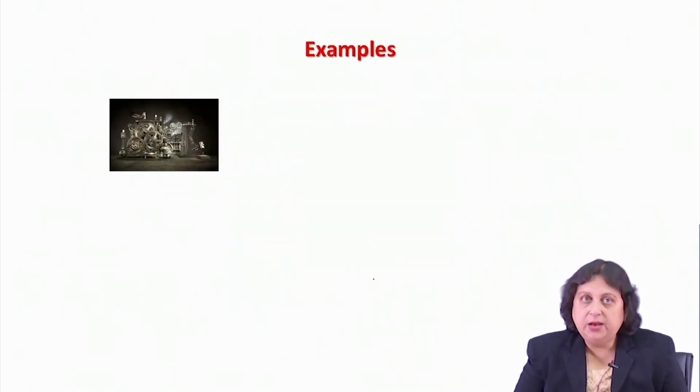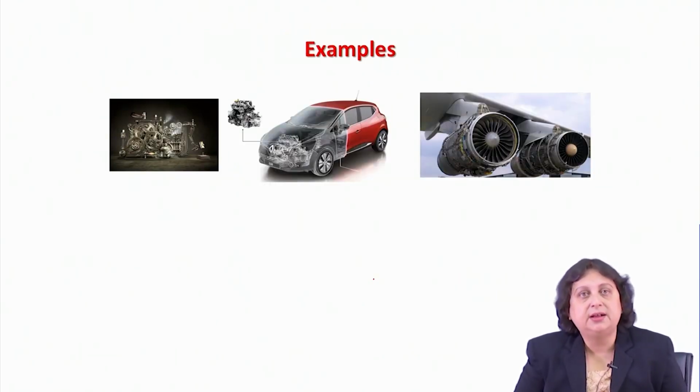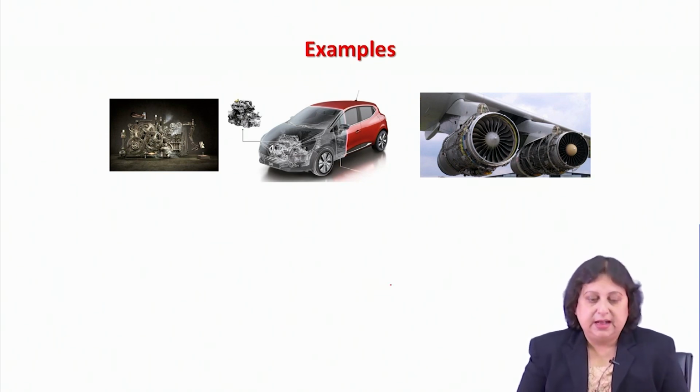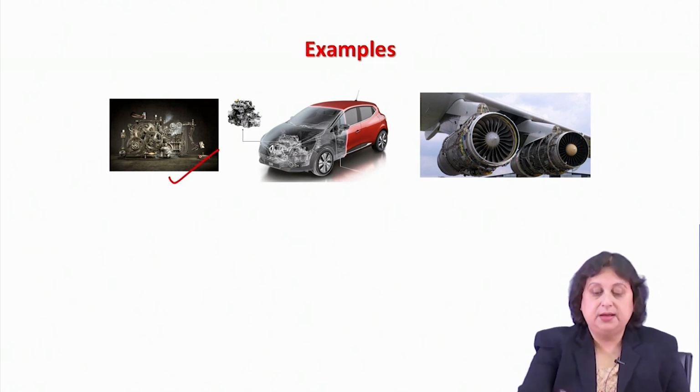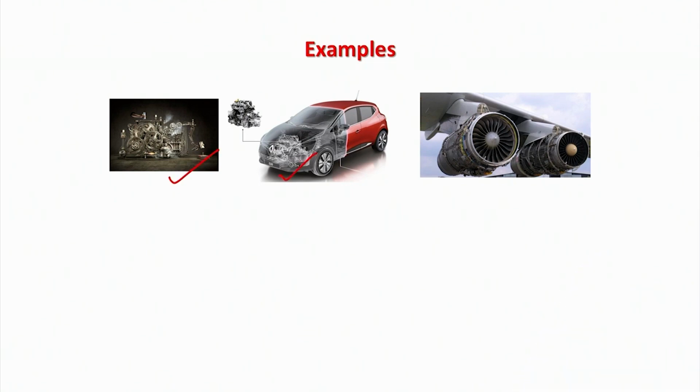And if I look at different examples of the systems that people talk about in thermodynamics, as you would see in the example cited here, they can be as varied as a complex machinery, or a car engine, or the engine of an aeroplane.